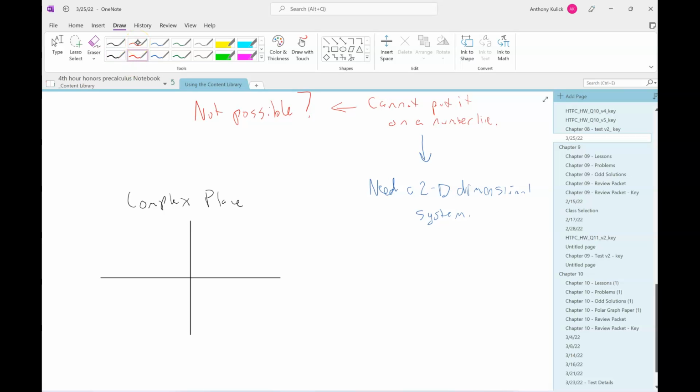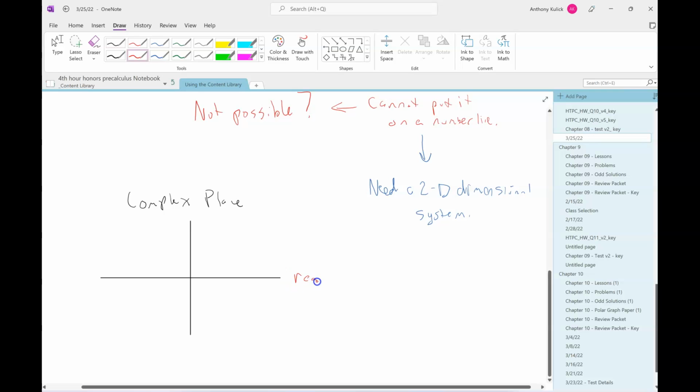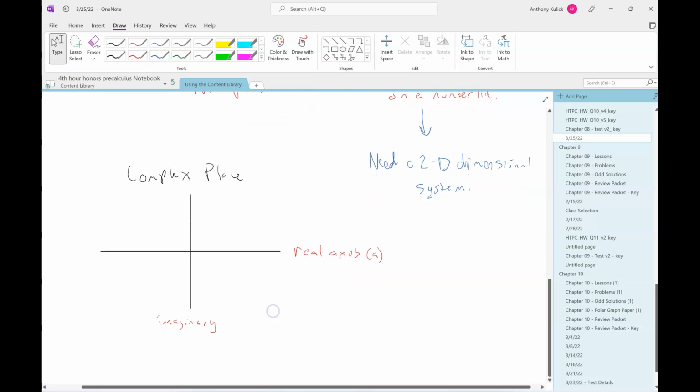On the complex plane, the horizontal axis we refer to as the real axis, and that's where we plot the real part of our complex number. And the vertical axis is the imaginary axis, and that's where we plot the imaginary part of our complex number.